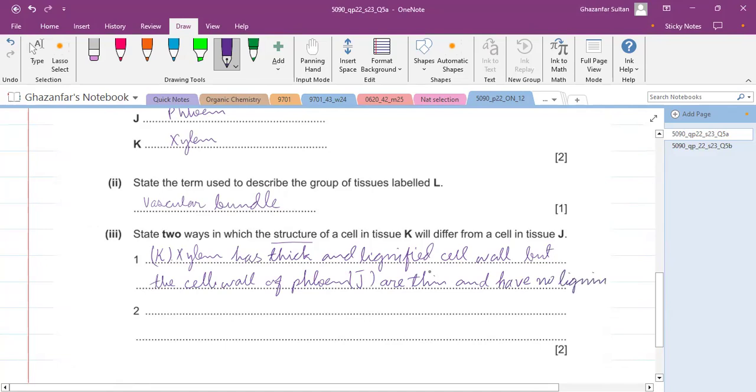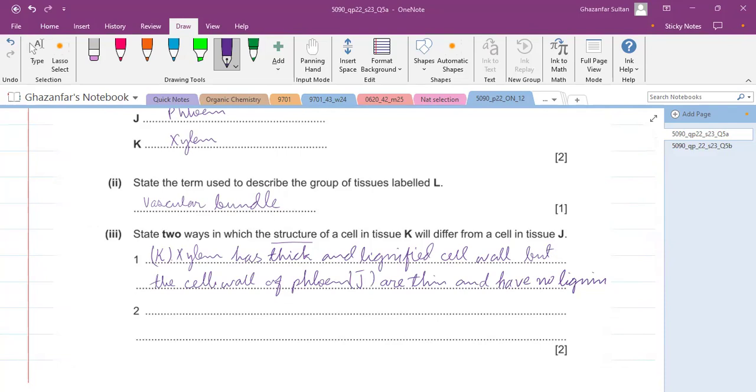So the cell wall of xylem is lignified while the cell wall of phloem is non-lignified, or it has no lignin. Lignin is used to strengthen the structure of the xylem vessel.